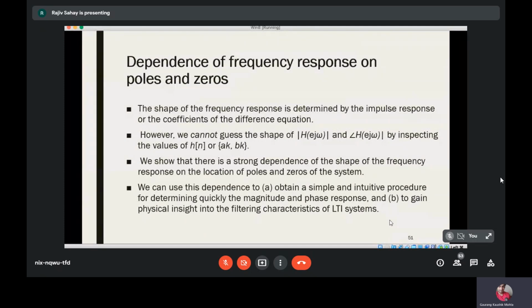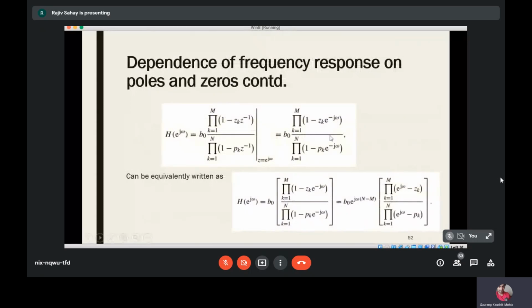Which frequency should be allowed more, which frequency should be attenuated more, all that we can decide ourselves and design the filters. So this is the insight into filter design. Let me just begin a little bit today.